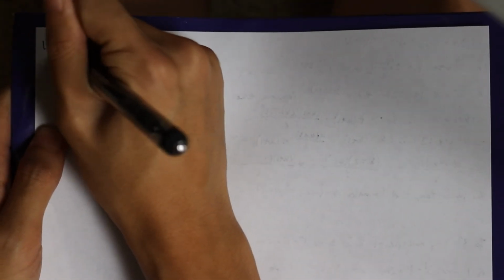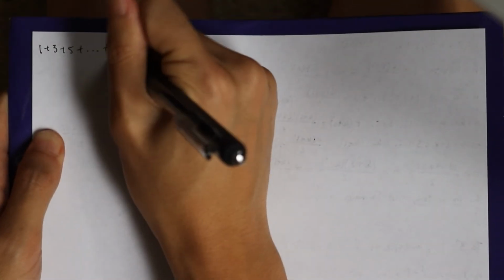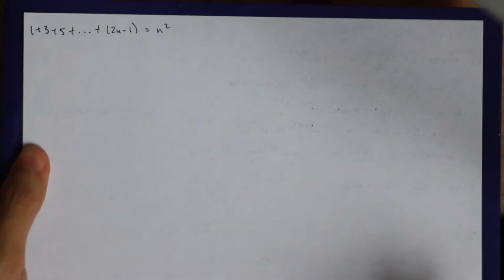And this formula here is also known as the summation of odd numbers. So we must show that 1 plus 3 plus 5 plus dot dot dot plus 2n minus 1 is equal to n squared. So do the same thing as before. Use induction.